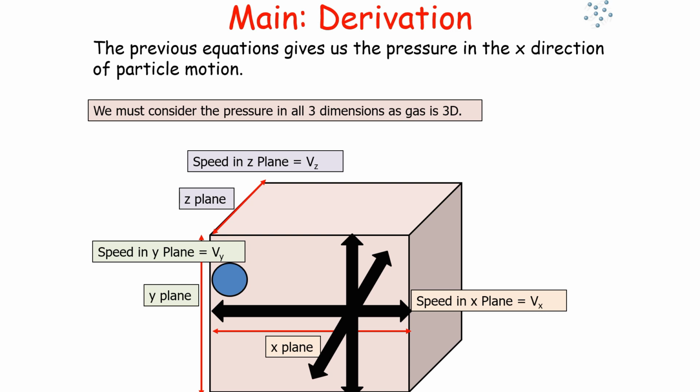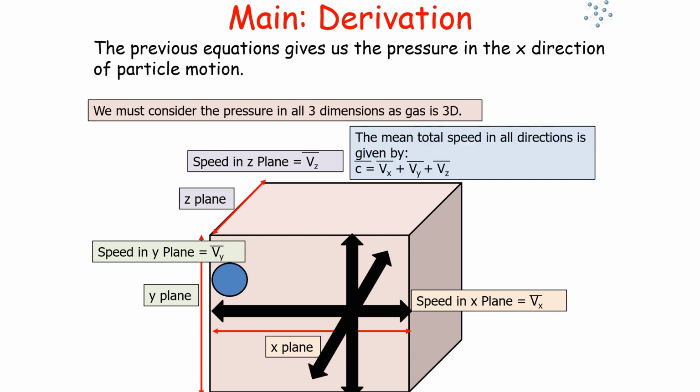So as well as having vx, the speed in the x plane, you're going to have vz, the speed in the z plane, and vy, the speed in the y plane. So therefore the mean total speed in all directions is going to be given by c hat, or c average, is equal to v hat x plus v hat y plus v hat z. The reason we've put that hat on is because now we're considering the average speed.